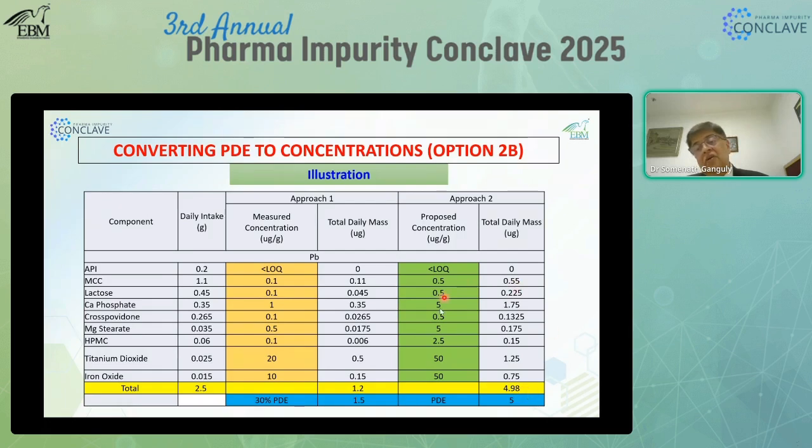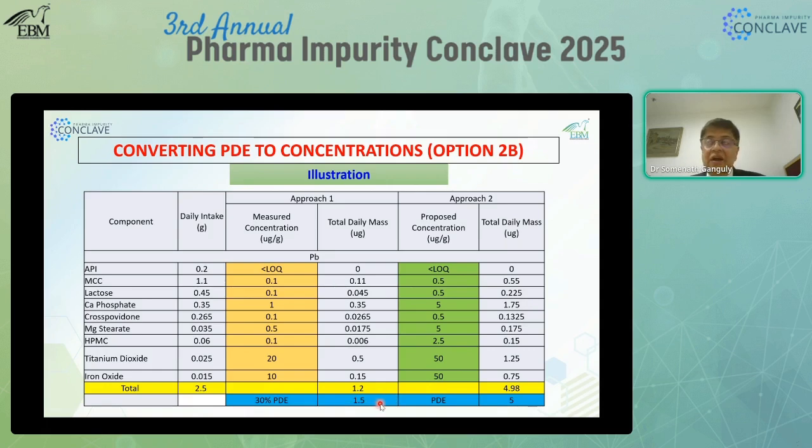But if you are giving the risk assessment using this approach, then what is the mandate for you? You are passing with less than 5, but you have to put it on specification. This element, you can go with this approach, but you have to put it on specification. But if it is at least 30% less than PD, no need to check the specification.